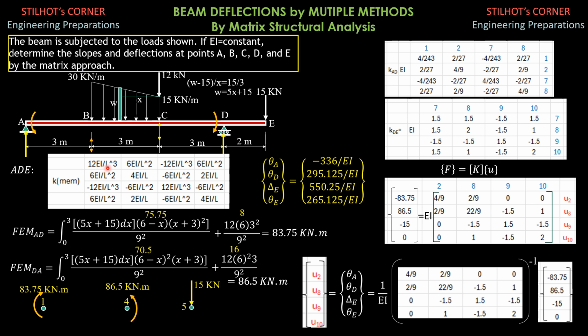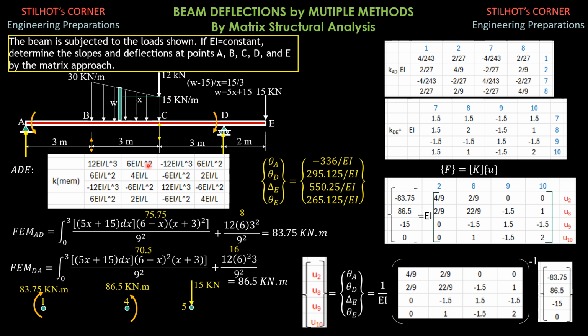12 EI over L cubed in the first row, then 6 EI over L squared, then the negative of this cell, negative 12 EI over L cubed, then you just copy 6 EI over L squared. The second row would be 6 EI over L squared, 4 EI over L, then the negative of this cell here, then half of this cell value, 2 EI over L. The third row will be the negatives of the first row.